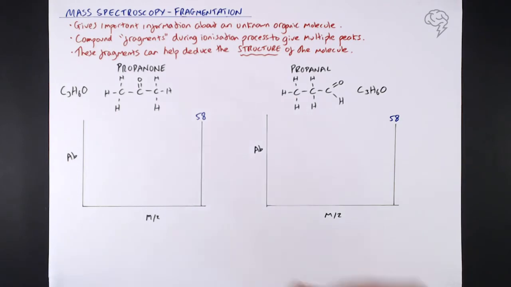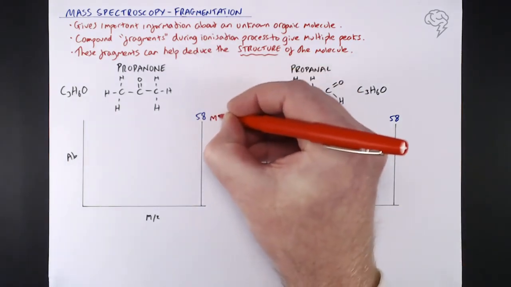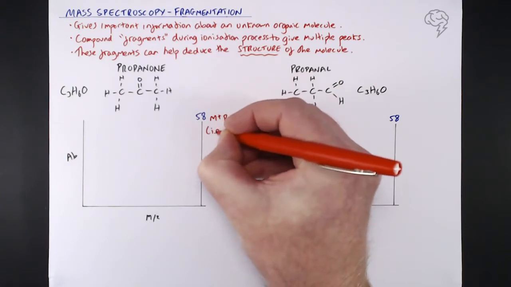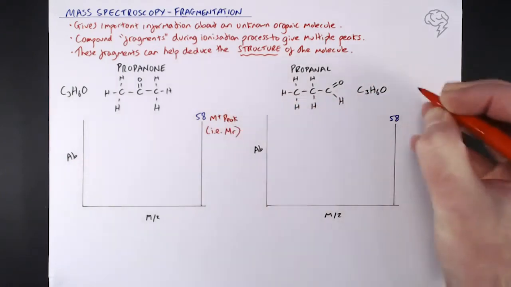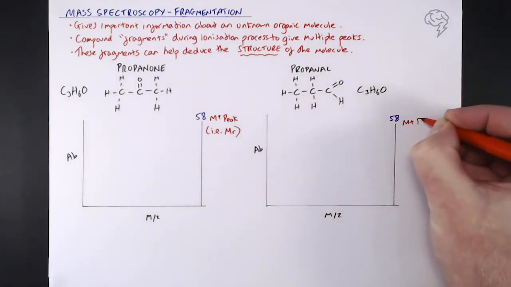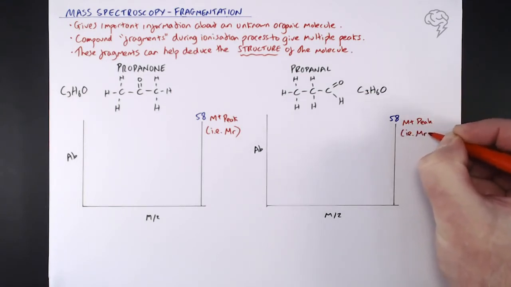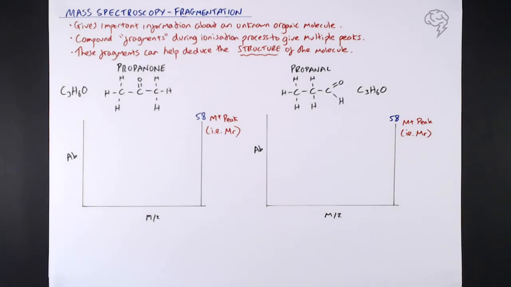This is known as the molecular ion peak, or the M+ peak. You're always going to find it. It's the one furthest to the right-hand side on your mass spectrum. Essentially, that's the MR of the molecule because its mass to charge ratio, the charge is 1.